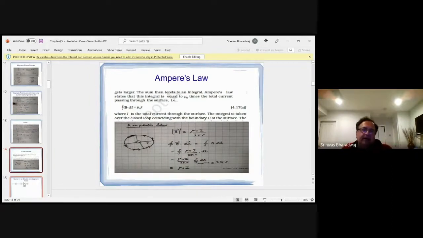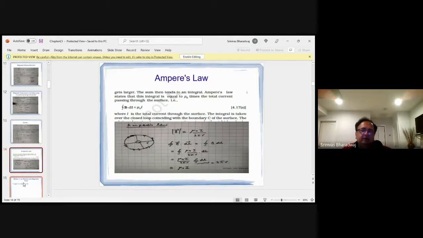Let's quickly look at Ampere's law. Ampere's law says that if you have a closed path, B dot dl will equal mu naught I. Ampere's law is also written in its differential form, del cross B or del cross H form.